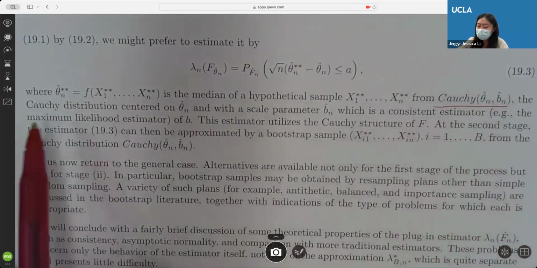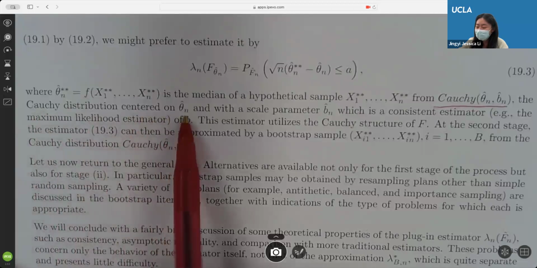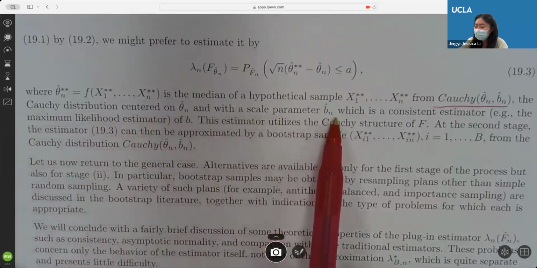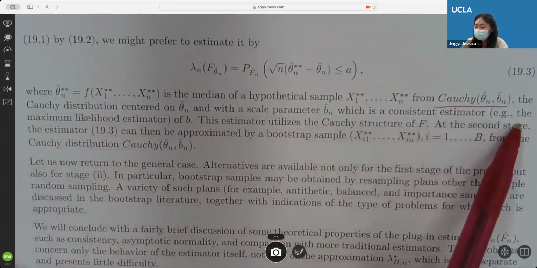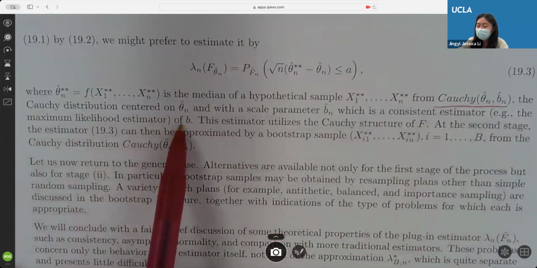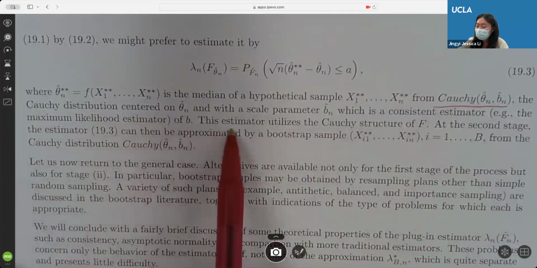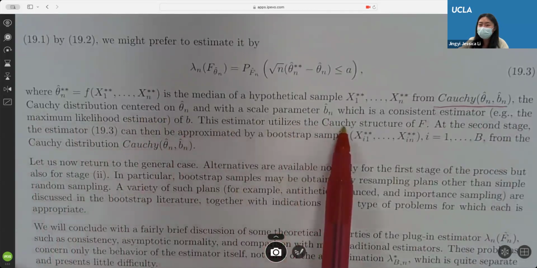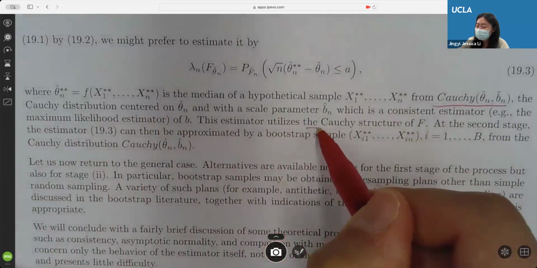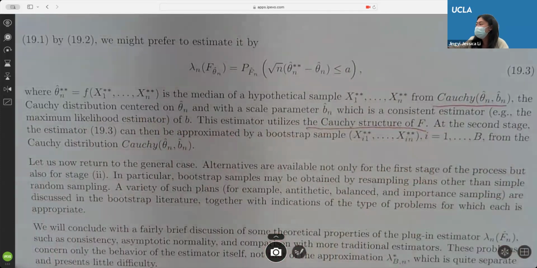Then the Cauchy distribution is centered at theta hat n with a scale parameter b hat n, which is a consistent estimator. For example, you can use the MLE of b. This estimator utilizes the Cauchy structure of F, which is something we didn't use in our non-parametric bootstrap. There you just use x1 to xn without any assumptions about the underlying distribution.